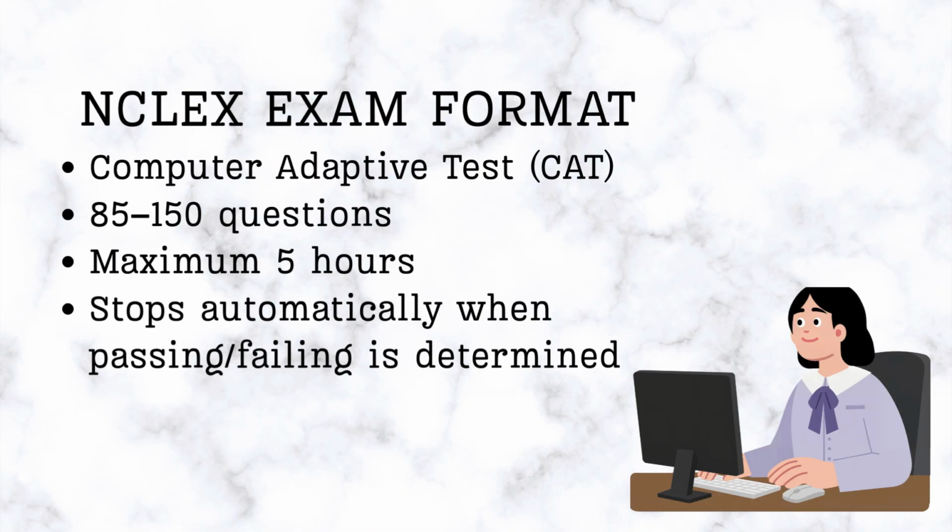You are allowed to take 3 optional breaks, after approximately 2 hours, 3.5 hours and 4.5 hours. The exam automatically stops once the system determines with statistical confidence whether your ability level is above, near, or below the passing standard.